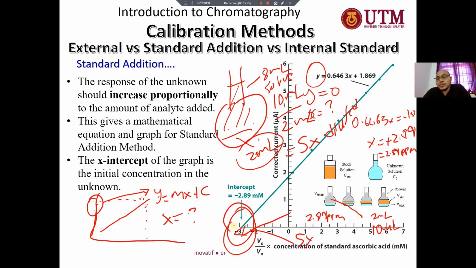If you don't calculate the dilution factor, you will not be able to get the original or true concentration amount of your analyte of interest. So you need to include the dilution factor.